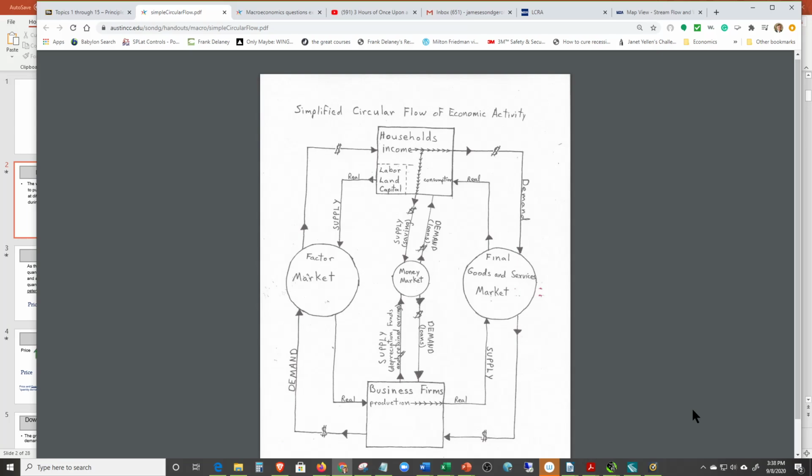And in topic 7, we use this to explain how markets can determine what to produce, how to produce it, and to whom to distribute the products without any direction from the central government, just through the workings of supply and demand in these markets.